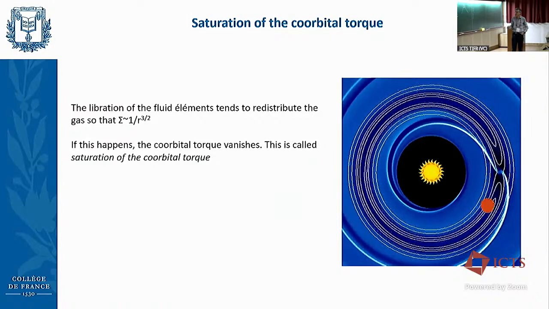So the co-orbital torque is present at the beginning, but after a number of librations, the surface density in the co-orbital region has been changed to this one, and there is no more co-rotation torque. So the only way the co-rotation torque can continuously exert its effect is if something counteracts this saturation.